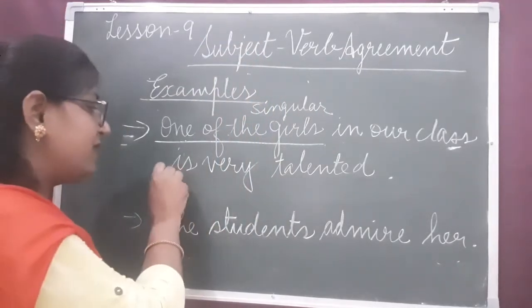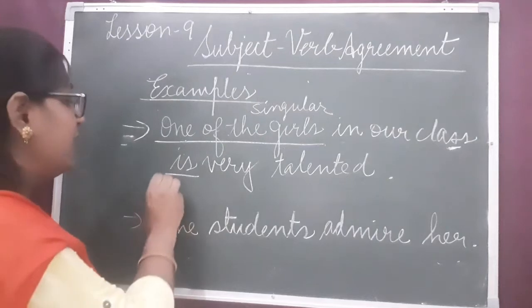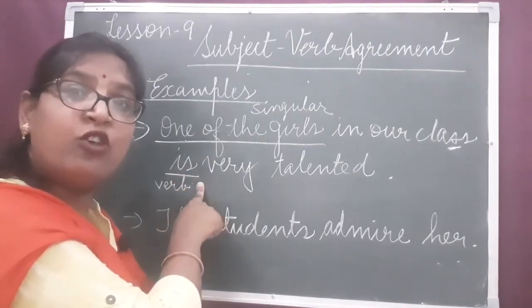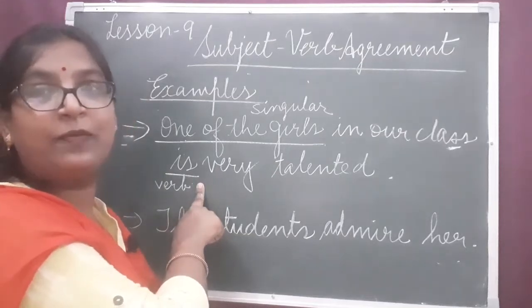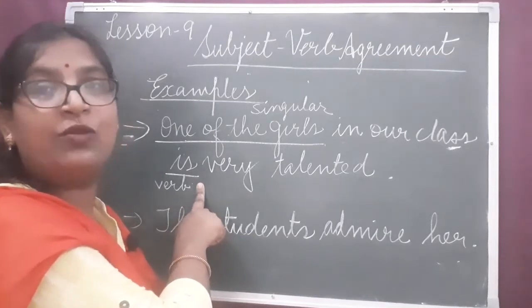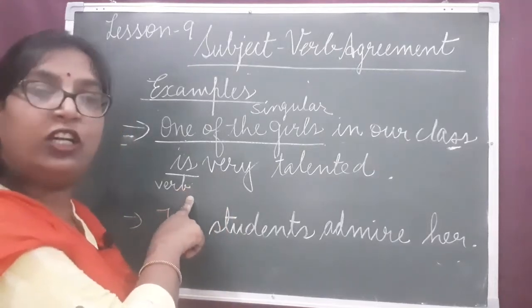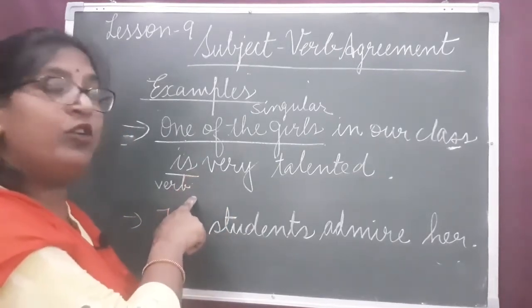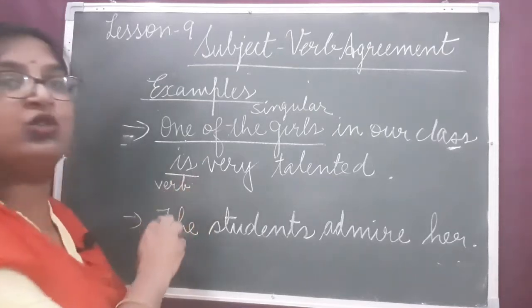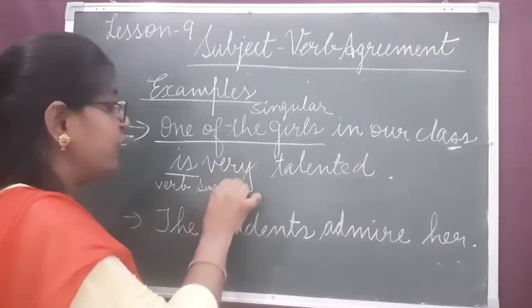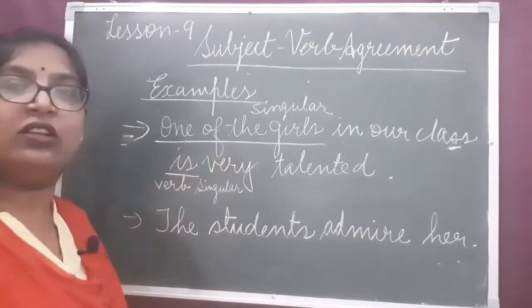The verb is "is". And what kind of verb is it? It is the form of be verb we studied. Already we studied the action verbs and verbs of being. So, it is the be verb. It is the form of be verb, and that is also singular in number. The verb is also singular.